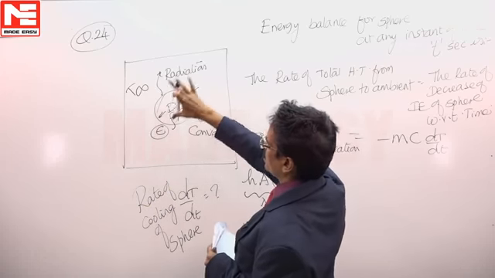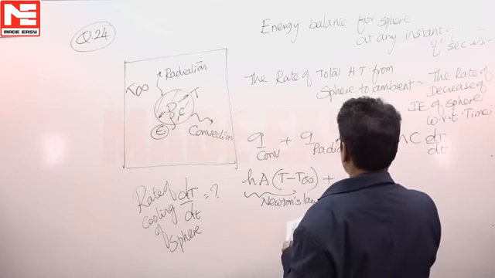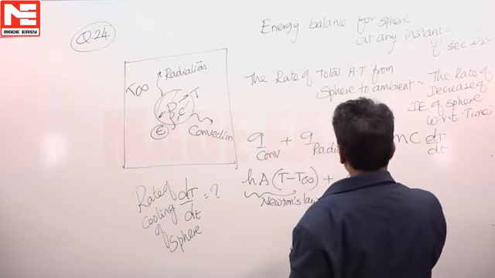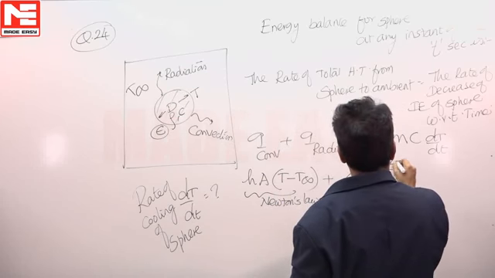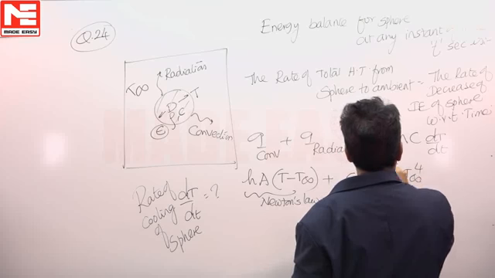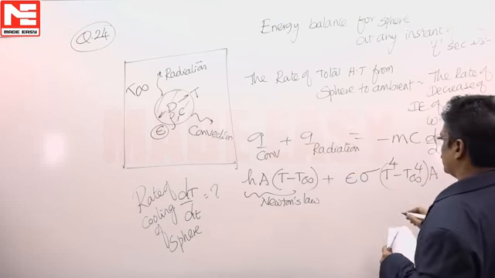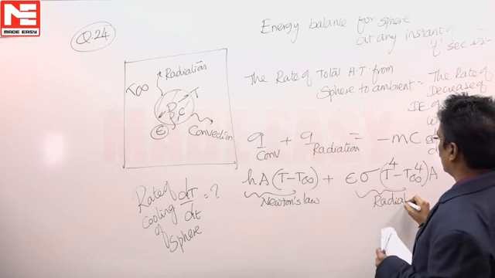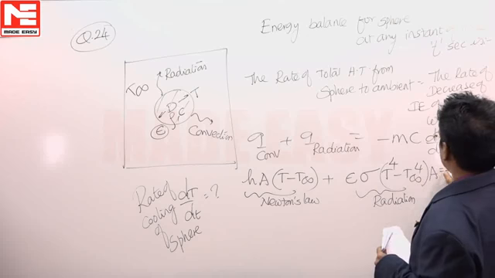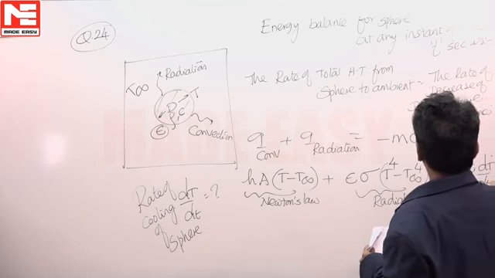A single body is enclosed in an enclosure, therefore we can use epsilon of the sphere, sigma, temperature of the sphere to the power of 4 minus temperature of the ambient to the power of 4, into A. This is the radiation heat exchange. What is that mass? Density into volume. C is the specific heat, dT by dt.